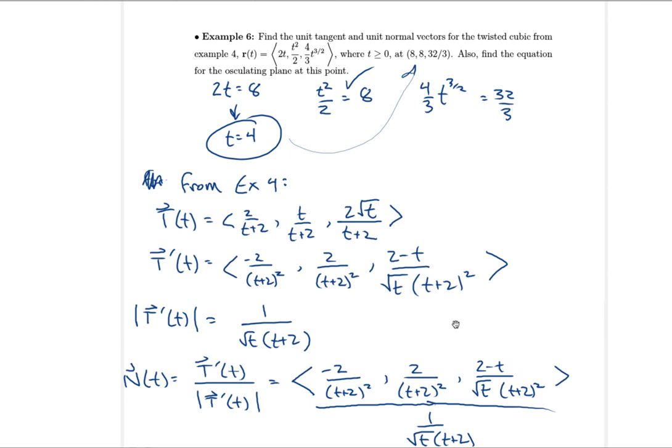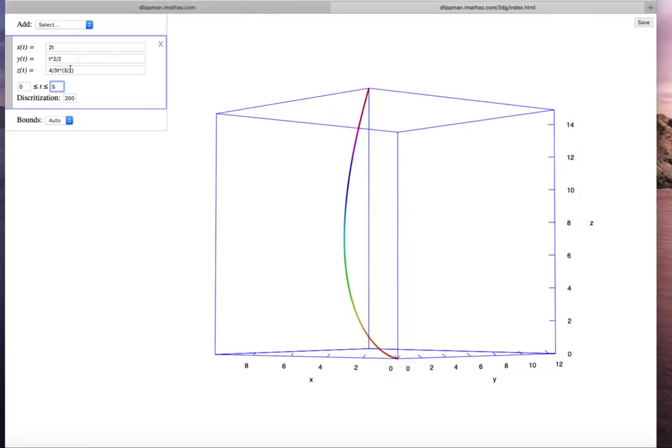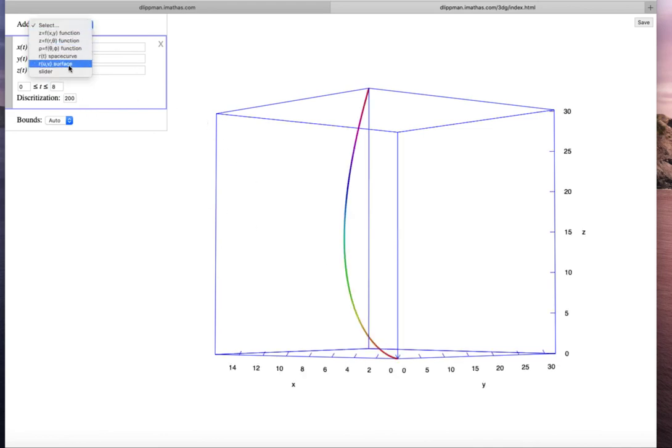Okay, before we wrap things up here, this would definitely be worth our time to go ahead and plot. So I'm going to put this in our 3D grapher. We've already got the curve typed in. Now let's go ahead and type in this plane.